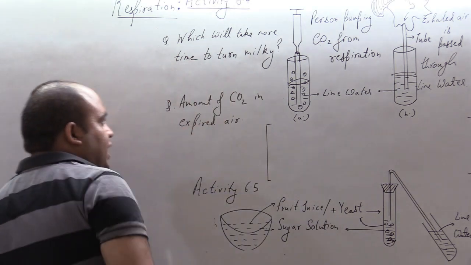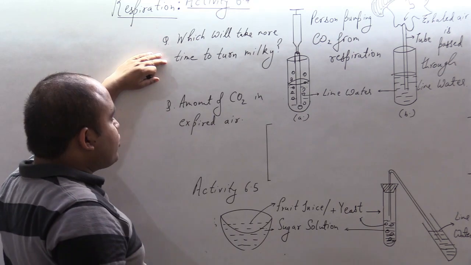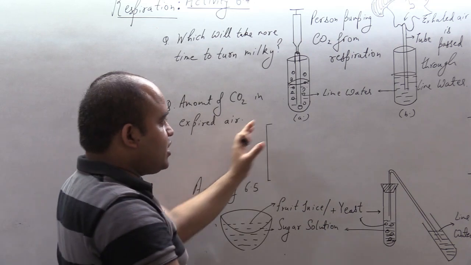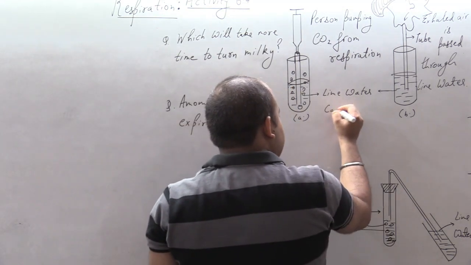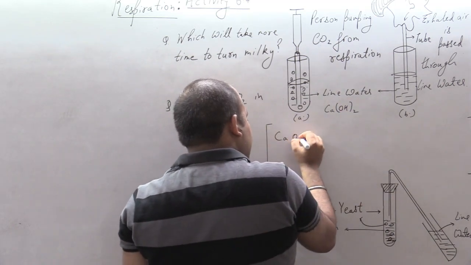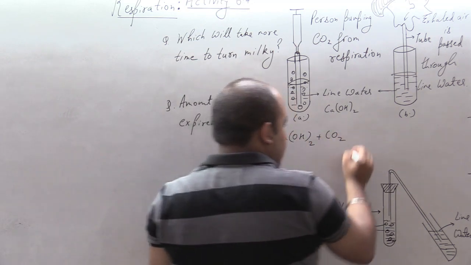There are two questions that the NCERT people are asking. What will take more time to turn milky? Now before answering these questions, let us understand this process. See, what is lime water? Lime water is Ca(OH)2. Lime water has an ability to react with carbon dioxide. What can it form?